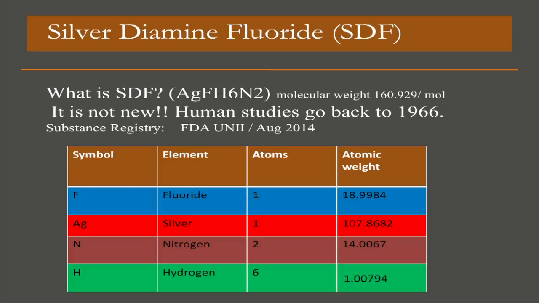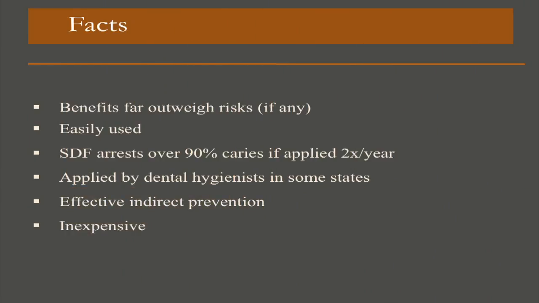Let's look at some facts on SDF. The benefits far outweigh the risks, if any. It's easily used. SDF arrests over 90% of caries if applied twice a year. SDF can be applied by dental hygienists in some states. It is effective in direct prevention, and it's also inexpensive.